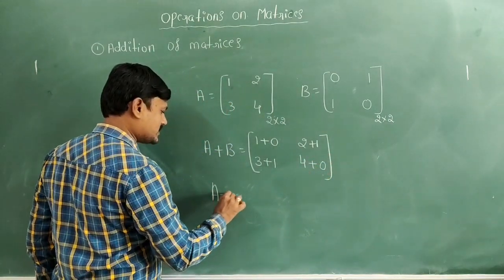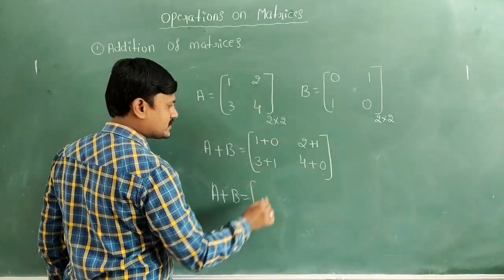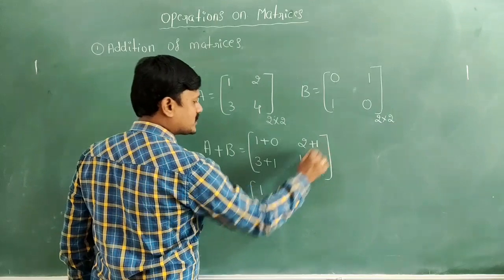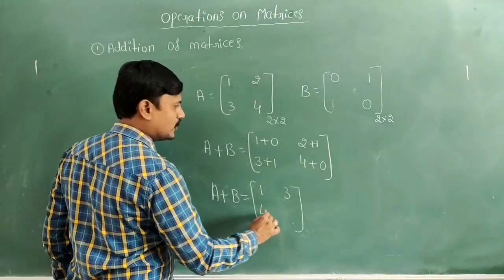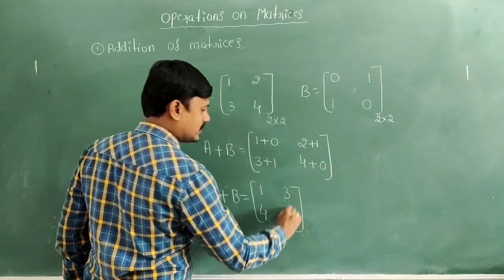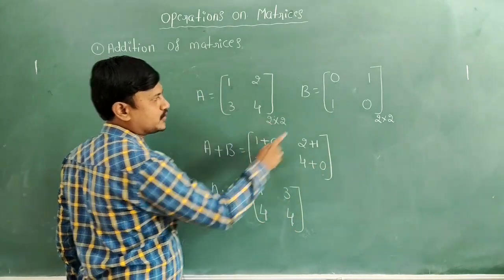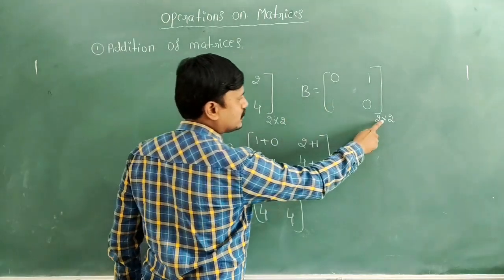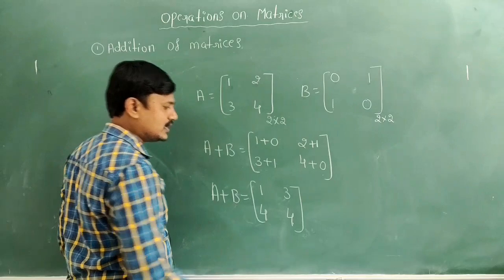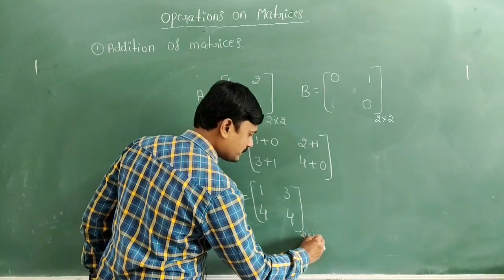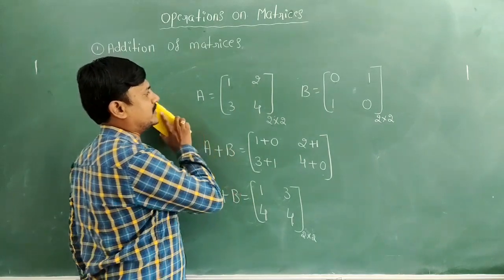The final answer: A plus B is equal to 1, 3, 4, 4. The order of matrix A is 2 cross 2, the order of matrix B is 2 cross 2, so the order of A plus B is also 2 cross 2. Next, consider another example.